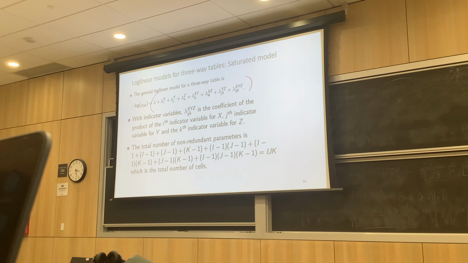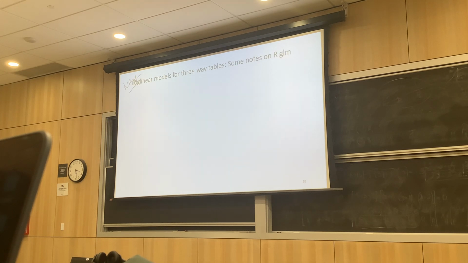The full model is a model with all those, X, Y, Z, and their products, and the three-way interaction. And if you try that one, the number of parameters is going to be I, J, K, that means the number of cells available, which means that is the saturated model. We denote it like this, and that's where we stopped. And I want to have a look at this example.